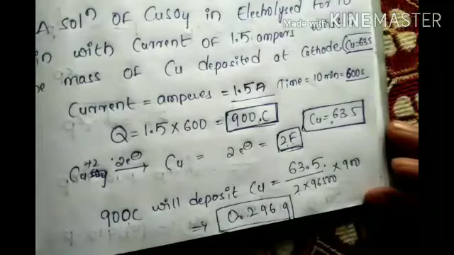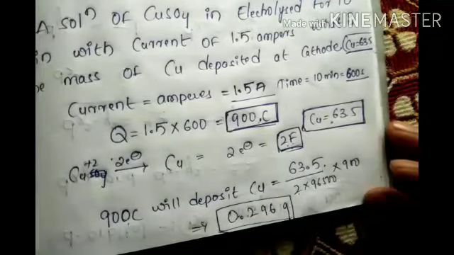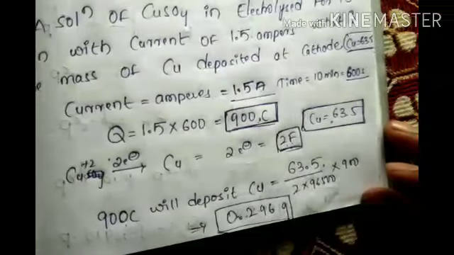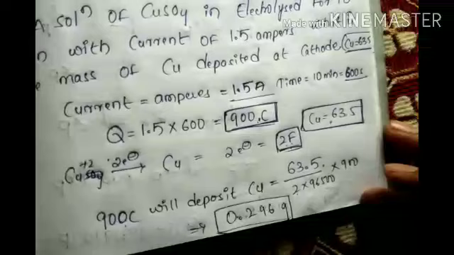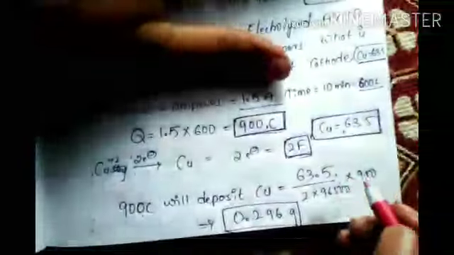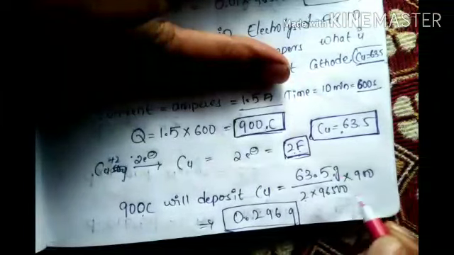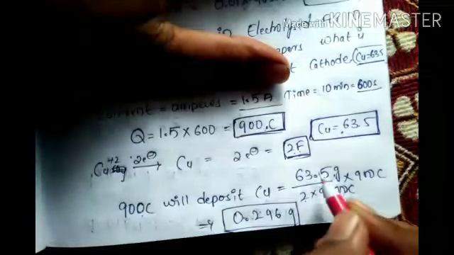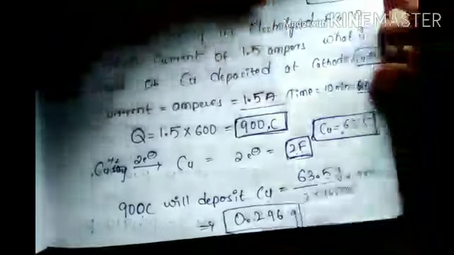It is 0.296 grams. Okay, now simply, it is better to take like this: 63.5 grams, 96500 coulombs, cancel, grams will come. Yeah, that's it.